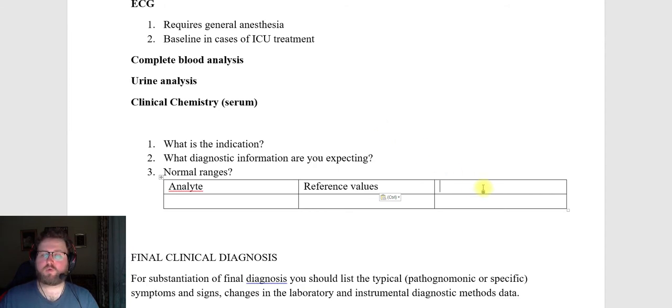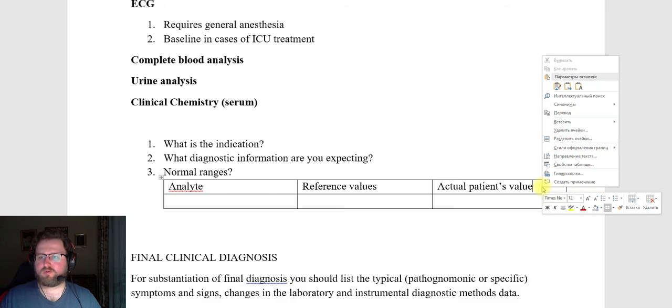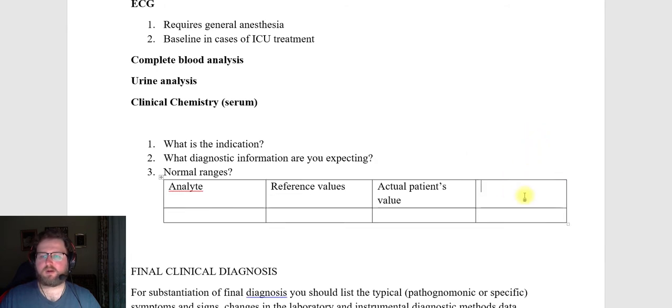In column 3 you write the actual patient's value, and I've mistaken a bit, you'll need to do it in 4 columns. In column 4 you'll have to write briefly the interpretation. You have to write what it means.